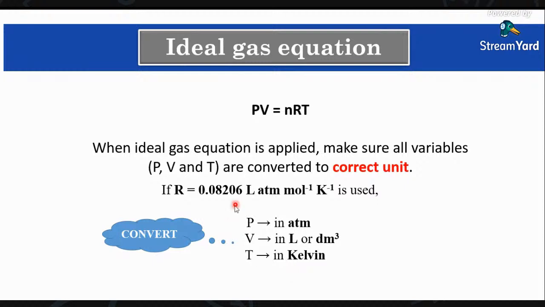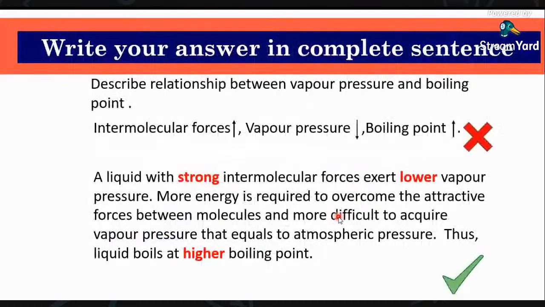A failure to convert is where students make mistakes. That's the common mistake that happens when we are marking exam papers. Mostly students forget to convert, and that makes you lose a lot of marks.